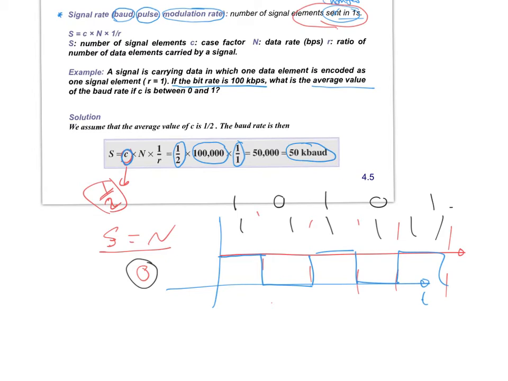So this is a 50 baud rate. In fact, this is the roughest estimate and this is the minimum bandwidth, the minimum amount of signal rate that we need to represent these bit rates. This is the minimum.